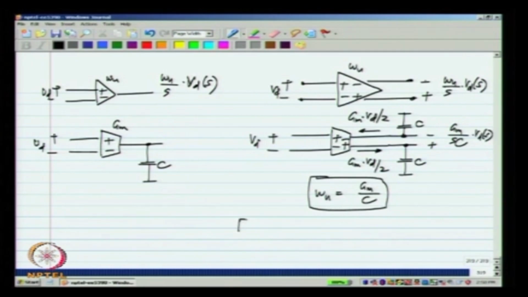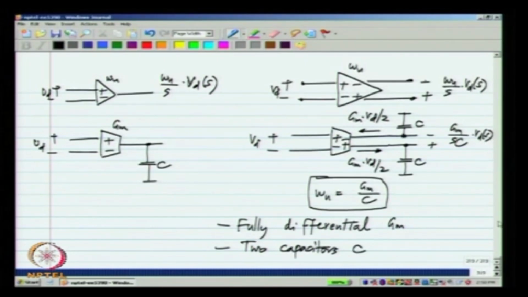So, first of all we need a fully differential transconductance Gm, and we need two capacitors, and this is always the case. The physical structure, the schematic of a fully differential circuit will be symmetrical, it has to be. Okay. We need two integrating capacitors C. Okay.